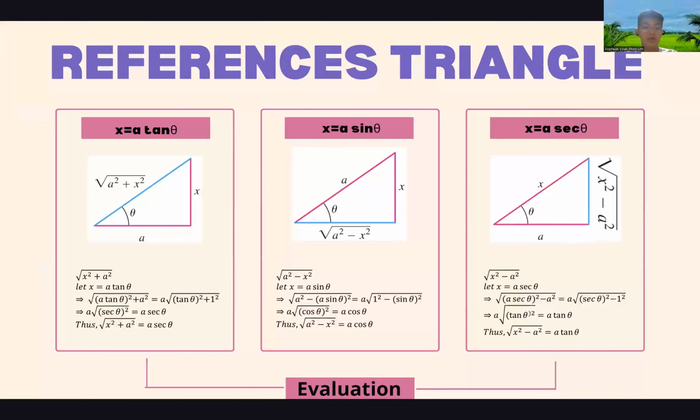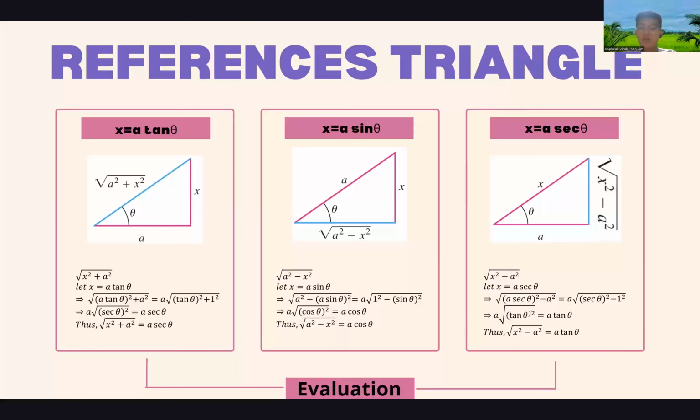If you see the function square root of x squared plus a squared, we use x equal to a tangent theta and substitute the value of x in. We have a squared in common, so it can come out of the root. So a times the square root of tangent theta squared plus 1 equals a secant theta squared, so it can come out of the square root, and we finalize the answer: the square root of x squared plus a squared equals a secant theta.